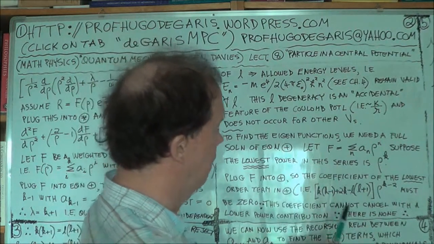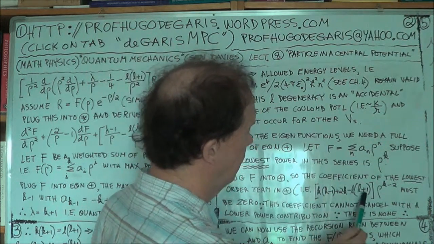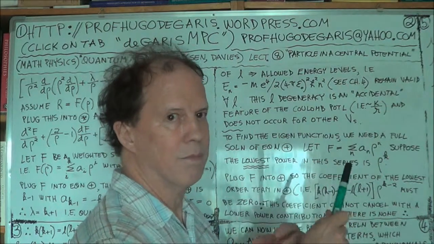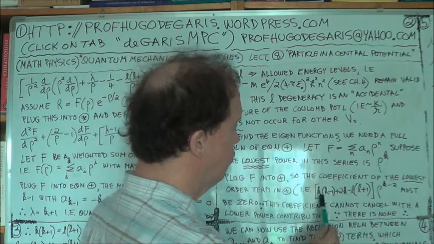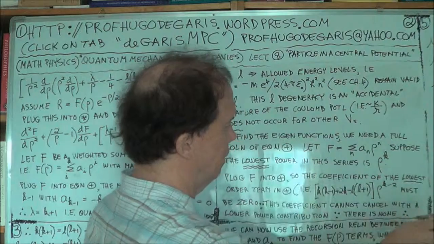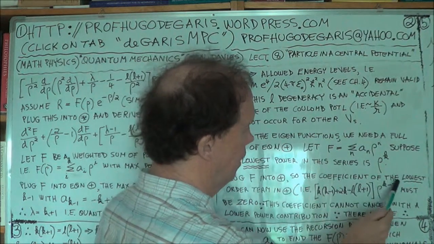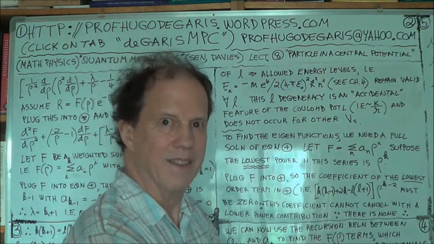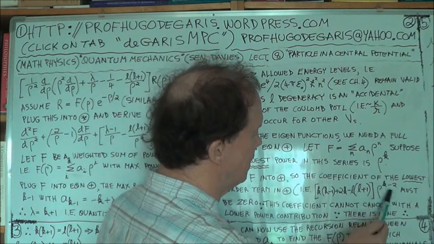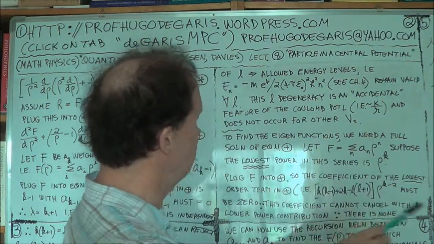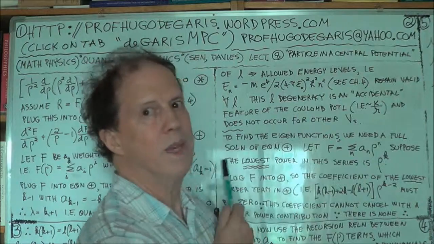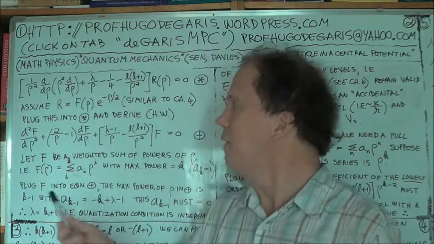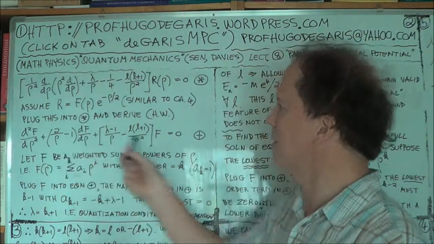Now another point, this coefficient here doesn't get cancelled by contributions from other powers of this sort, because there aren't any others. There aren't any other powers of this, right? Because we chose k to be the lowest power resulting from this.